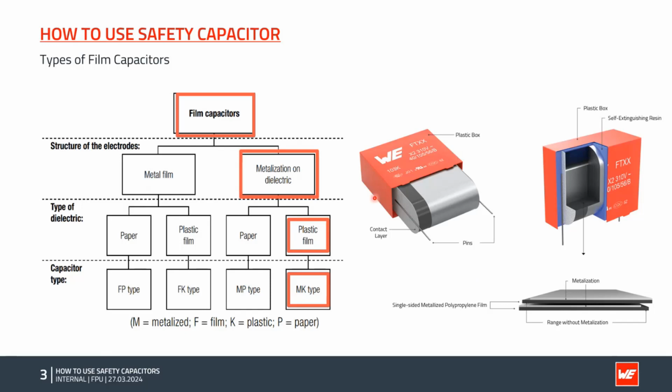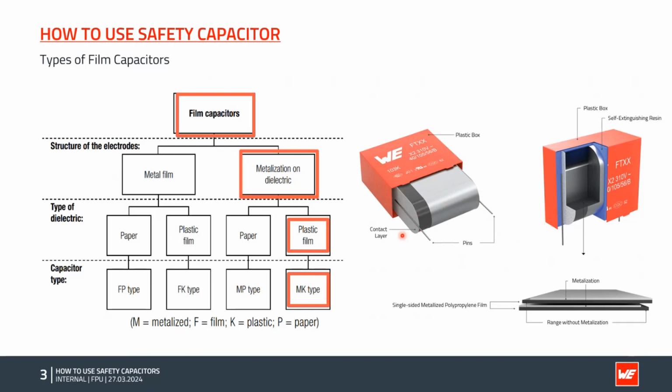So we have our box type, so no teardrop products. We have boxed, or I will talk about box capacitor. And we have our winding element inside the box. The different layers are wound with a little bit of margin on every side, so that you don't have a short circuit.